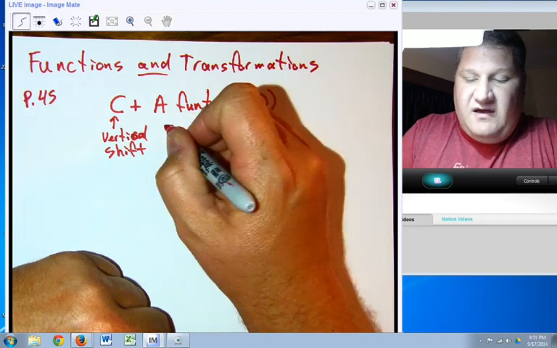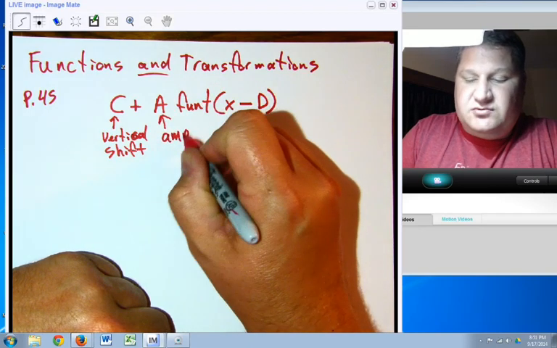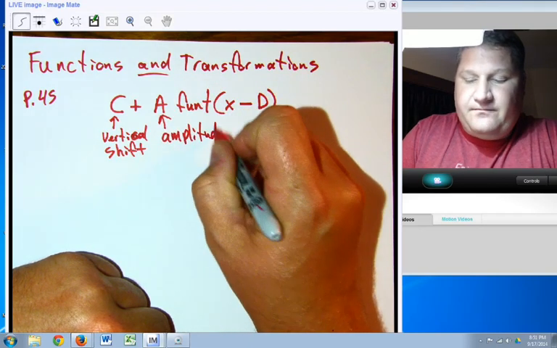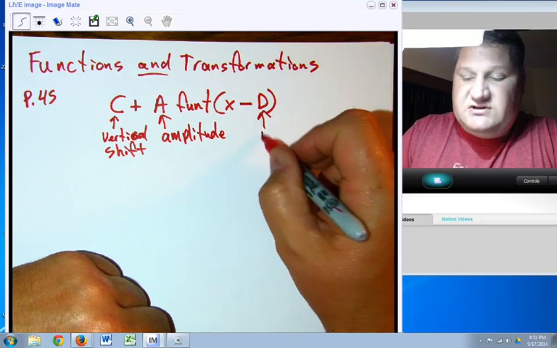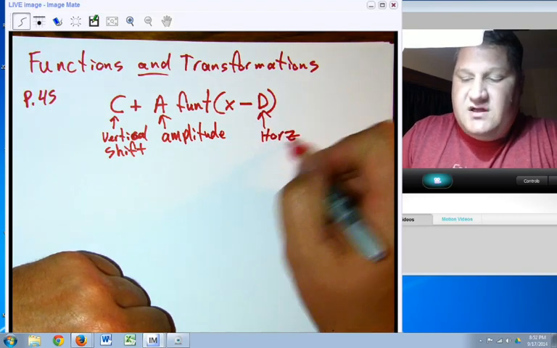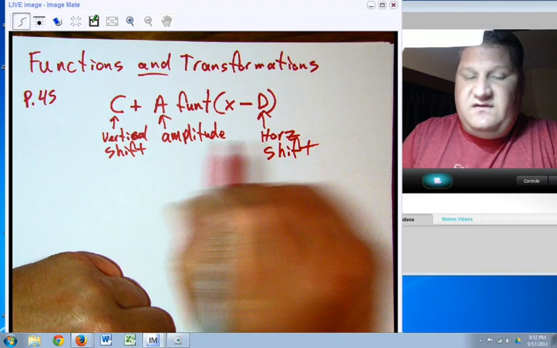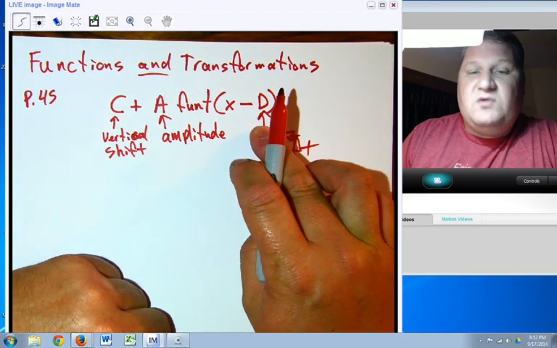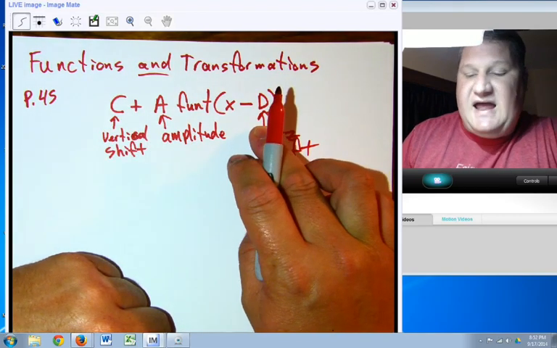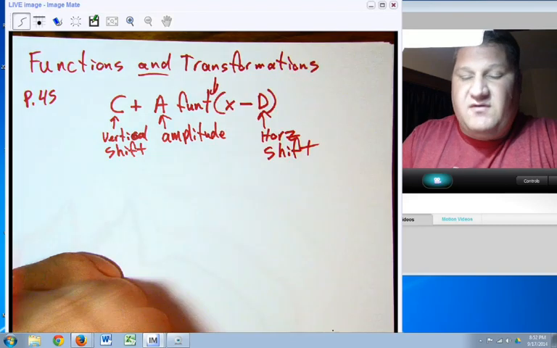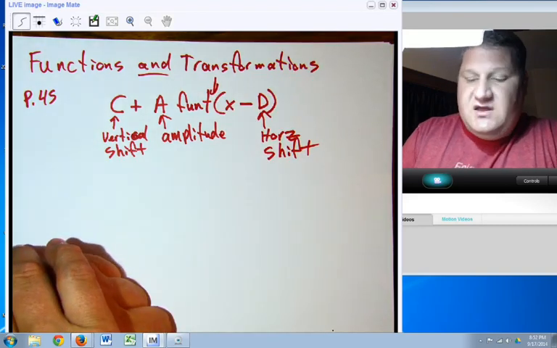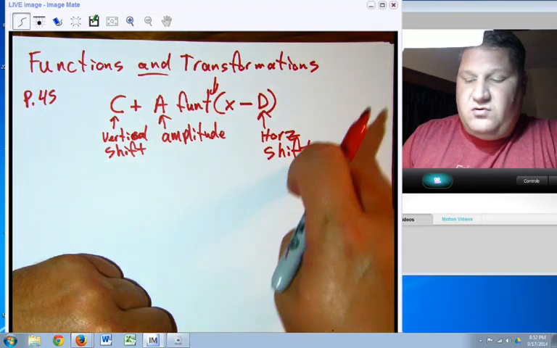You have A, which is amplitude. And you have D, which is horizontal shift. Now, this is a generic standard. When we get to trigonometric functions, I'm going to add another letter right in here, but for now, we don't need it. So, vertical shift, amplitude, horizontal shift.